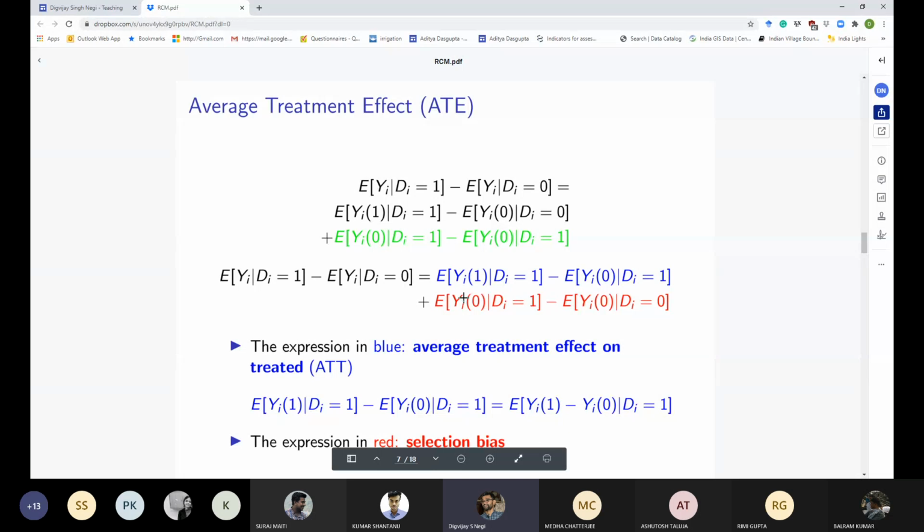Suppose, let's say all of you, in a parallel universe, we could observe your job market outcomes if you would not have attended IGIDR. That is this object. And this object is the outcomes of students who don't attend IGIDR. So will your outcomes, if you had not attended IGIDR, be the same as the outcomes of individuals who actually don't attend IGIDR?